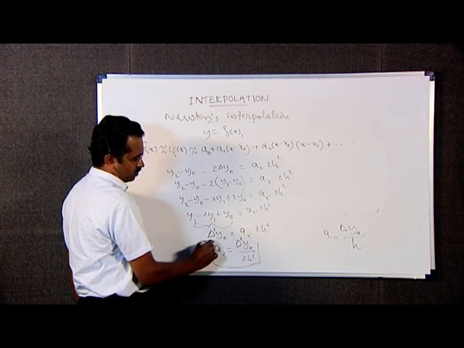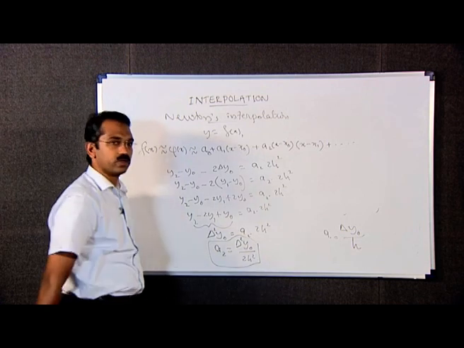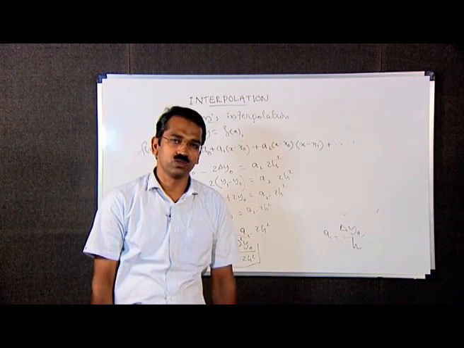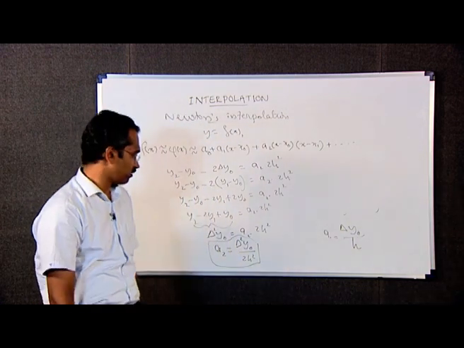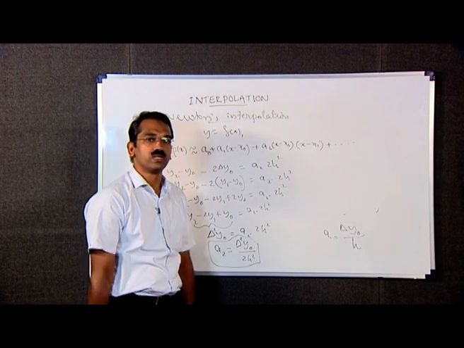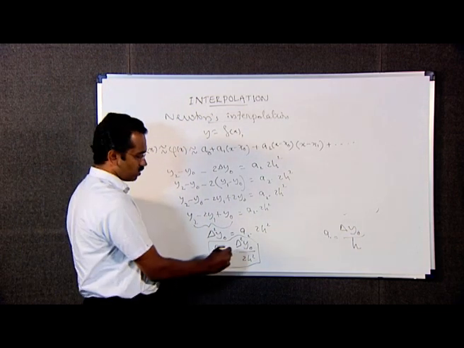This is the constant a2. That is a2 is equal to delta square y naught divided by 2h square. 2 means 2 factorial.